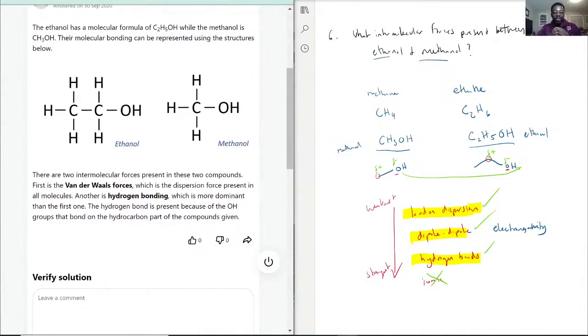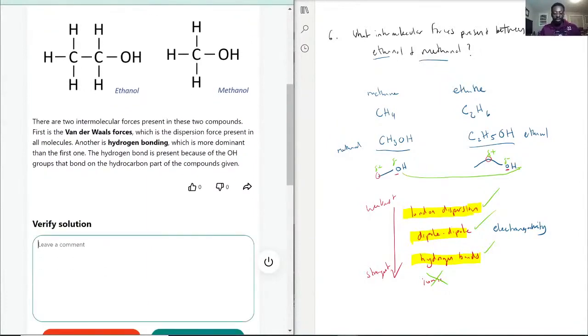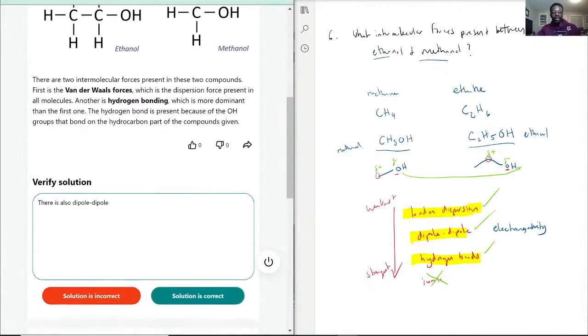And unfortunately they did not mention that there is also dipole, and it's important to make the distinction, because for questions like these, typically if you miss one part, you still miss the whole question, because dipole still plays a very important role in the orientation of the methanol and ethanol in the solution as well.